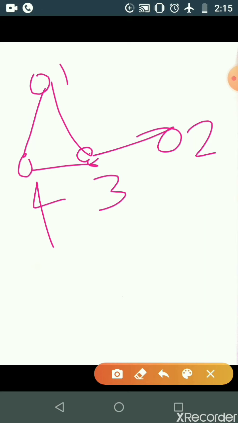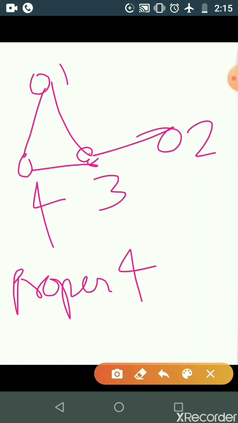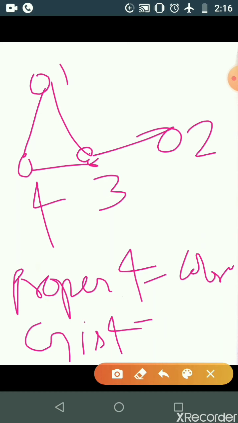So this satisfies the condition for proper coloring, correct? So here it's the proper 4-coloring of this graph, and this graph G is also a 4-colorable graph. Remember, I also discussed that this graph G is 3-colorable. So this is also 4-colorable.